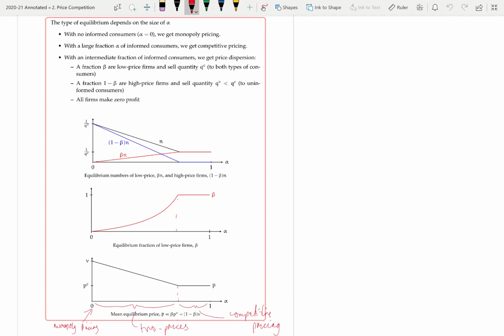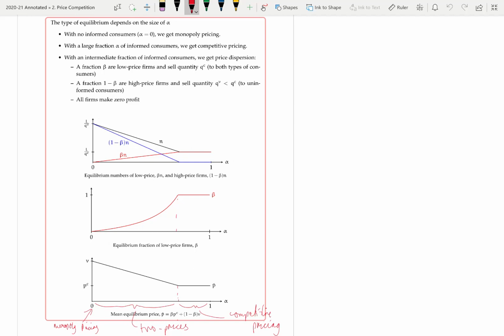It takes fewer stores to sell to the L consumers as the proportion of low price stores increases. So that is why N has fallen. So the red line here is the number of low price stores. It increases with alpha, and the number of high price stores decreases with alpha.